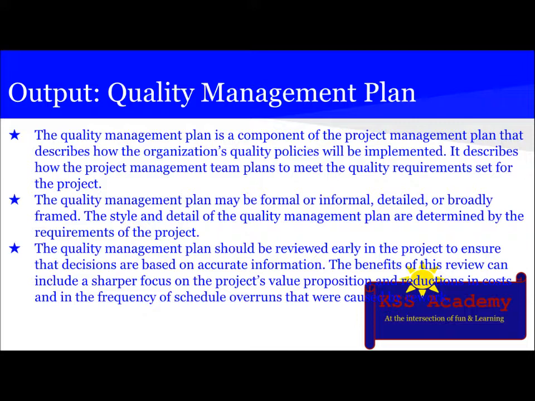The style and detail of the quality management plan are determined by the requirements of the project. It should be reviewed early in the project to ensure that the decisions are based on accurate information. The benefits of this review can include sharper focus on the project value proposition and reduction in the cost and the frequency of schedule overruns that were caused by rework.